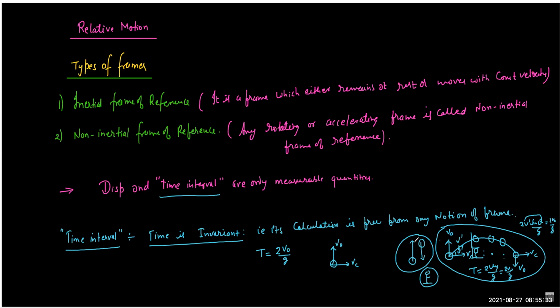So the variance of time, as proved and claimed by Albert Einstein, does not affect real life, but it does affect something called the subatomic world, the nuclear reactions, the motion of protons, electrons, muons.